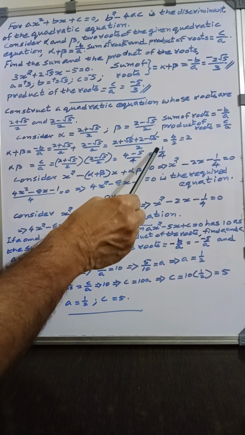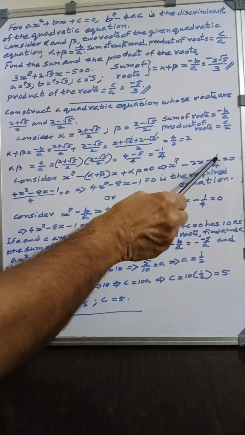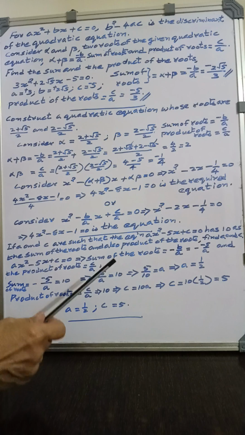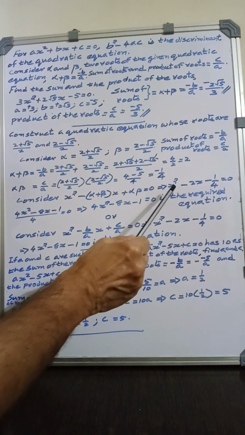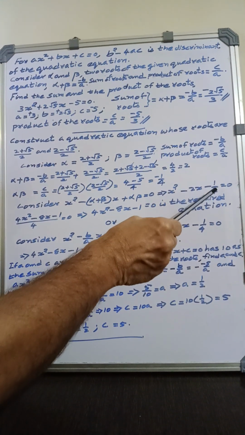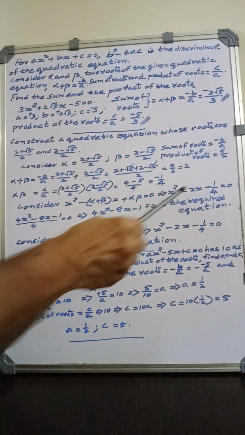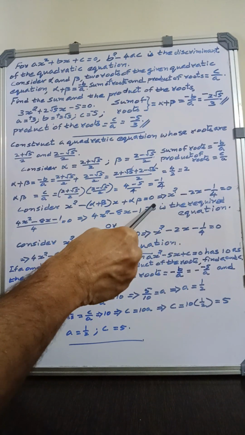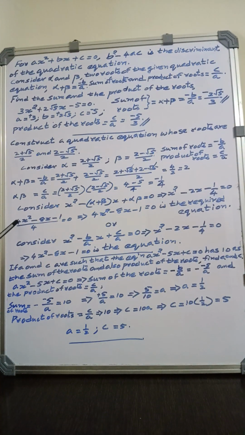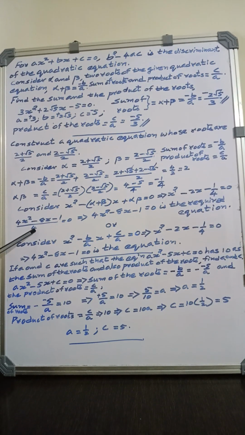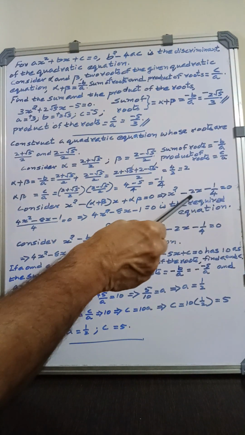Alpha beta is defined as minus 1 by 4. Minus 1 by 4 equals 0. x squared minus 2x minus 1 by 4 equals 0. Taking the common denominator as 4, (4x squared minus 8x minus 1) whole by 4 equals 0.